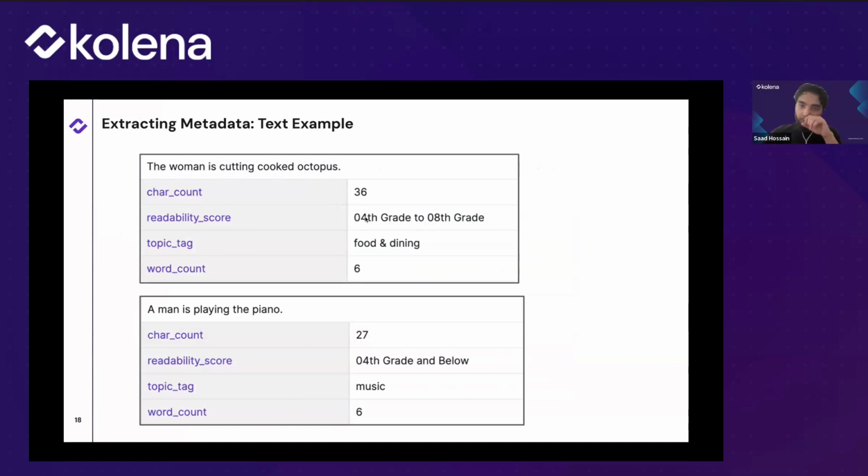Perhaps someone in the fourth to eighth grade would be able to read it with fair ease. We understand that a topic tag can be associated with it, and we see how we go from having a sentence, which is just one piece of data, to having all these associated properties, some of which I've discussed in the previous slides.